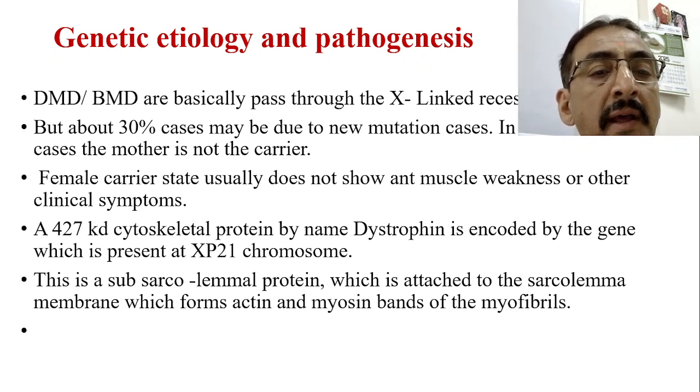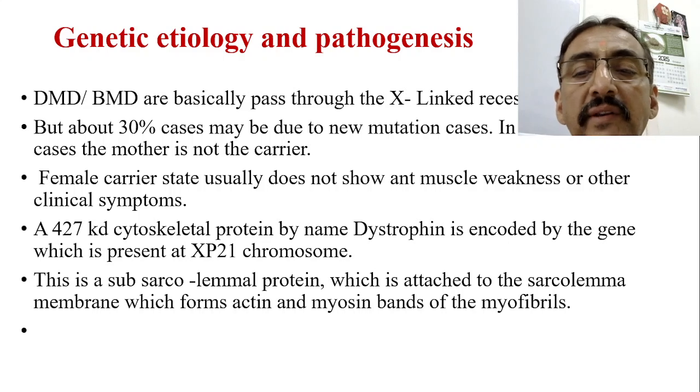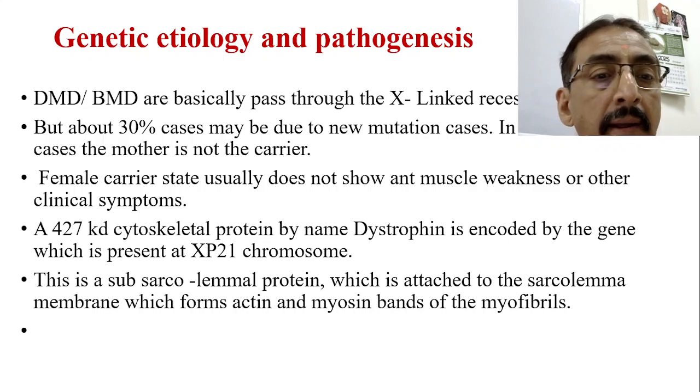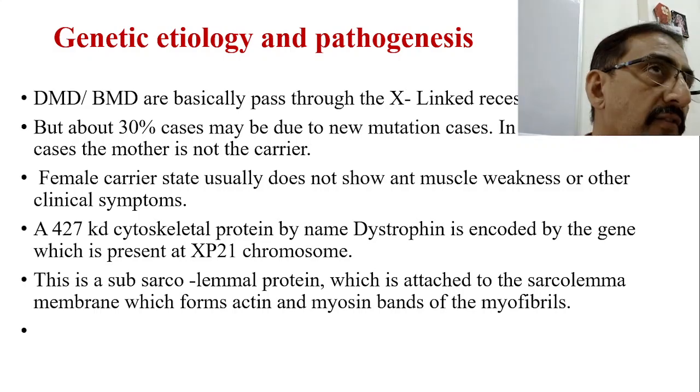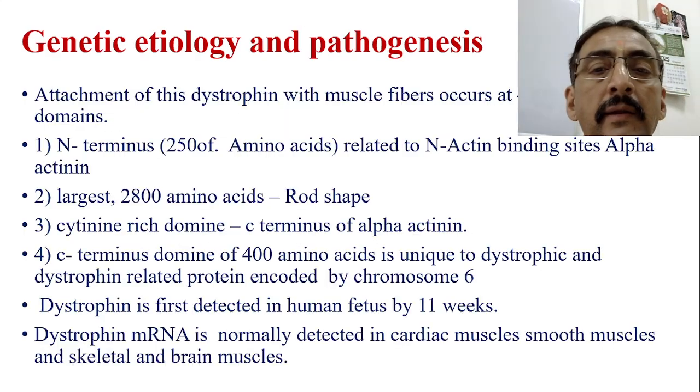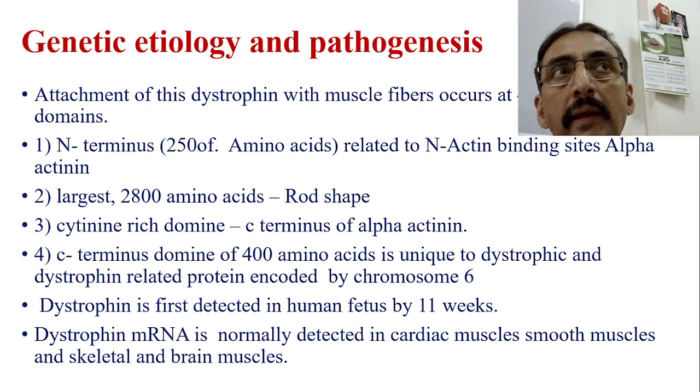Dystrophin is basically a subsarcolemmal protein which is attached to the sarcolemma membrane and which connects to the actin and myosin bands of the myofibrils. Okay, now let us see what is the importance.